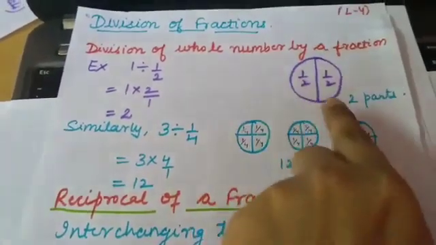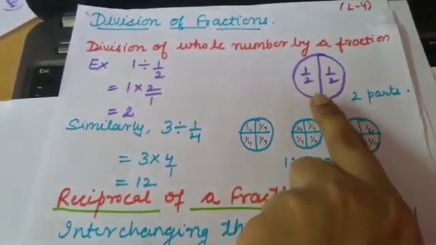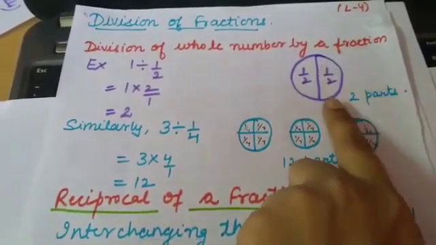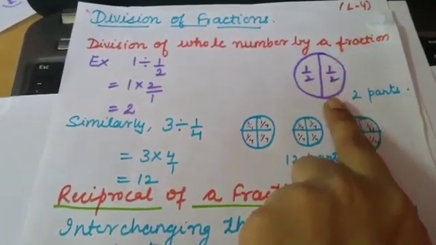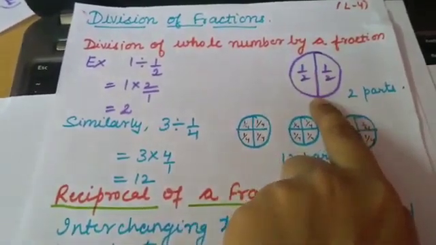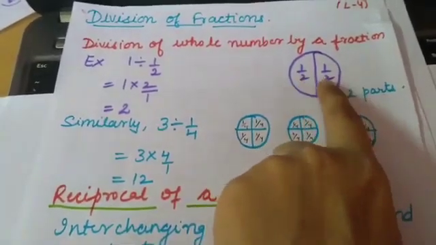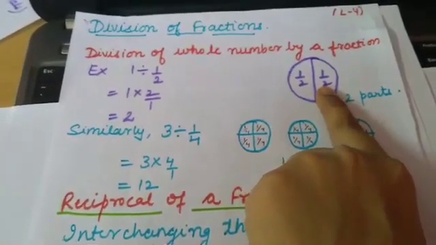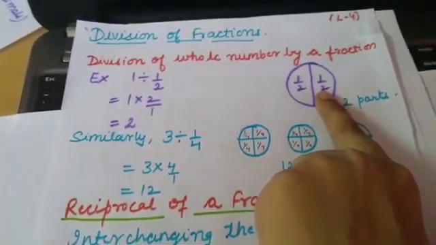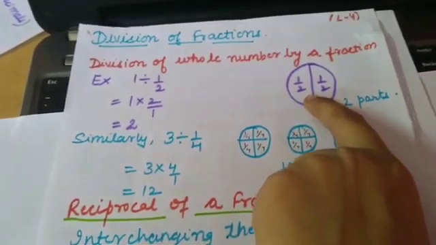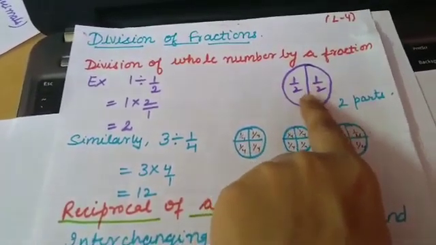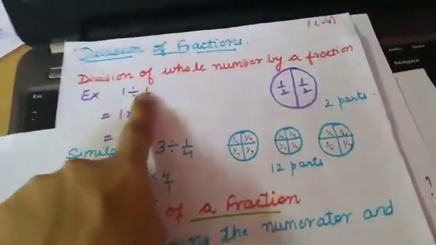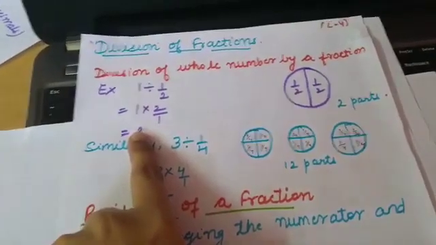This circle is a whole, divided into equal parts such that each part is half of the whole. Now the number of such half parts would be 1 divided by 1 by 2, as you have to divide for finding the smaller parts. Now observe the figure. How many half parts do you see? There are 2 half parts. So 1 divided by 1 by 2 is equal to 2.